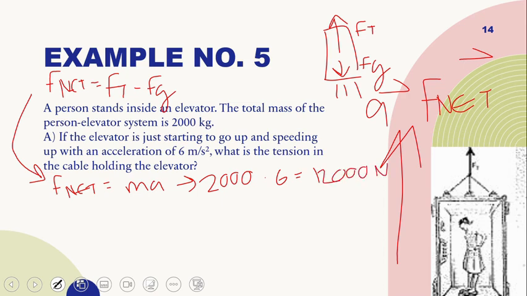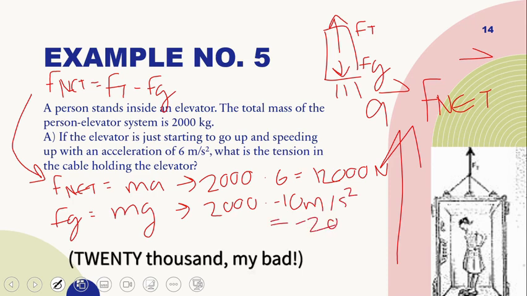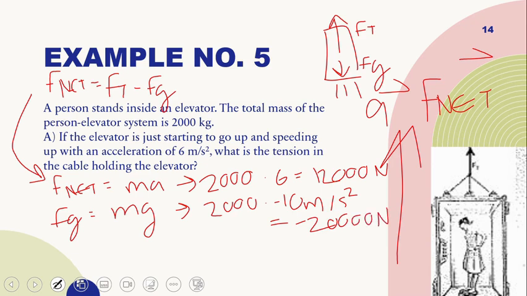And we know that the gravitational force is equal to mass times the acceleration of gravity. So in this case, 2,000 kilograms times negative 10 meters per second squared, and that's negative 20,000 newtons. Now we can plug the net force and the magnitude of weight into this equation.